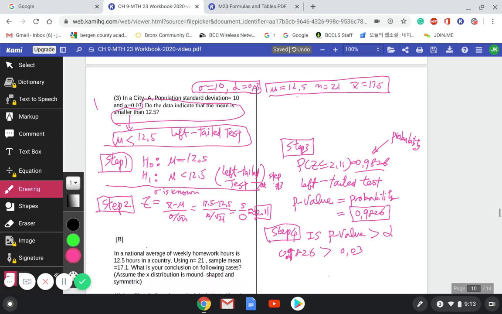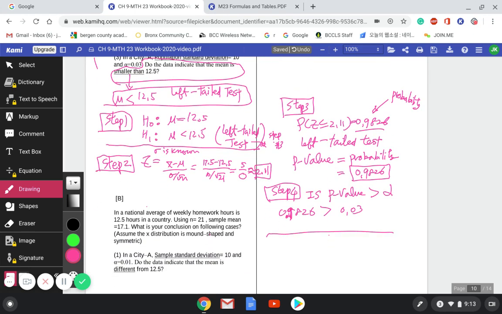If you're not quite sure, you can look at the number line. So the number line here is 0, here is 0.01 and 0.02 and 0.03. So your level of significance is here, and then far away here is 0.9826. So this is bigger than 0.03. So yes.